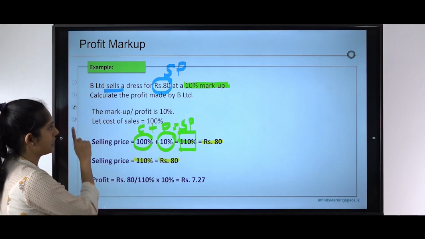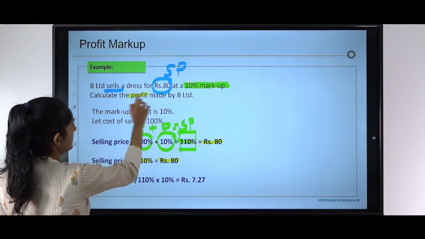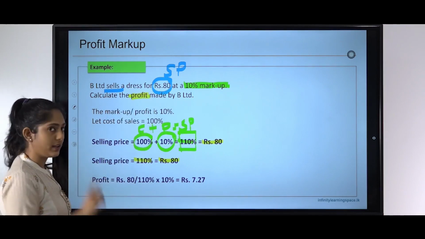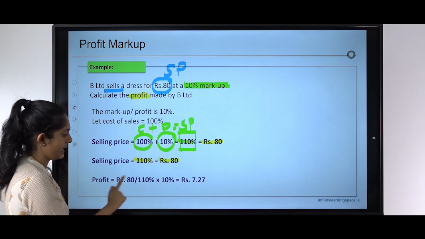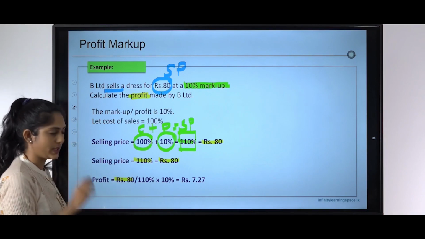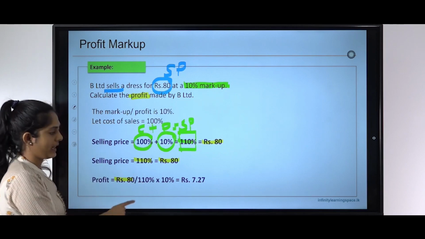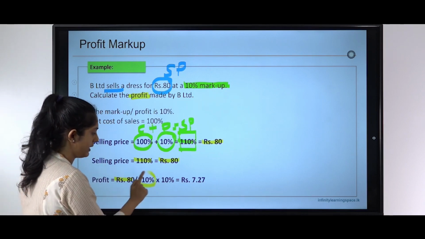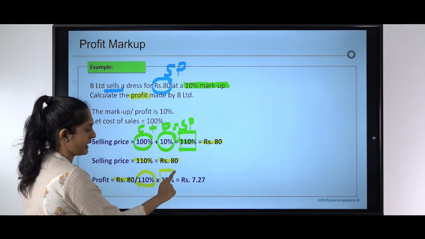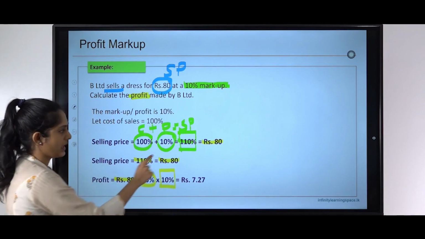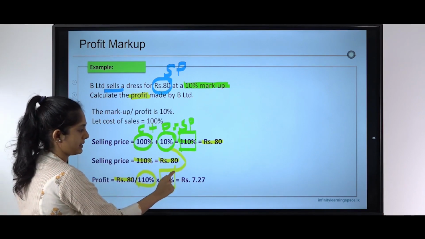Now they want us to calculate the profit, right? So we'll only calculate profit where we take the 80 rupees, which is equal to 110%. We'll divide it by 110%, right? And multiply by 10% because the profit is only 10%, right?